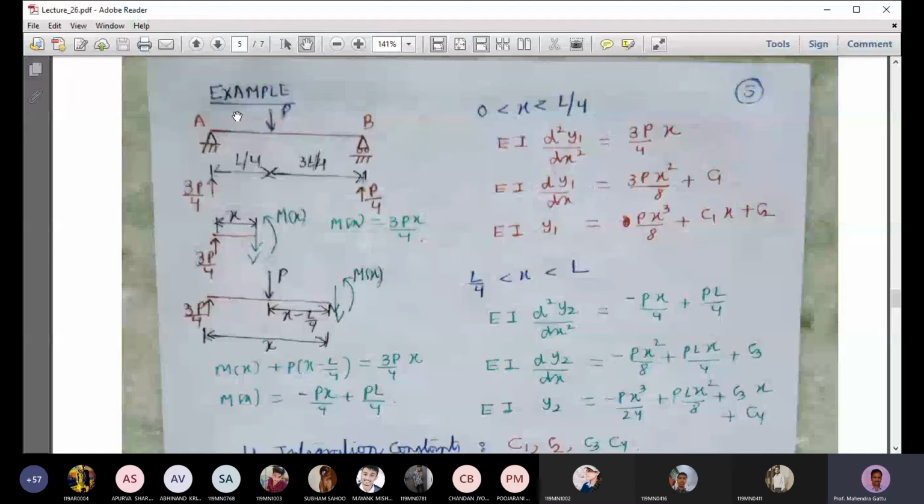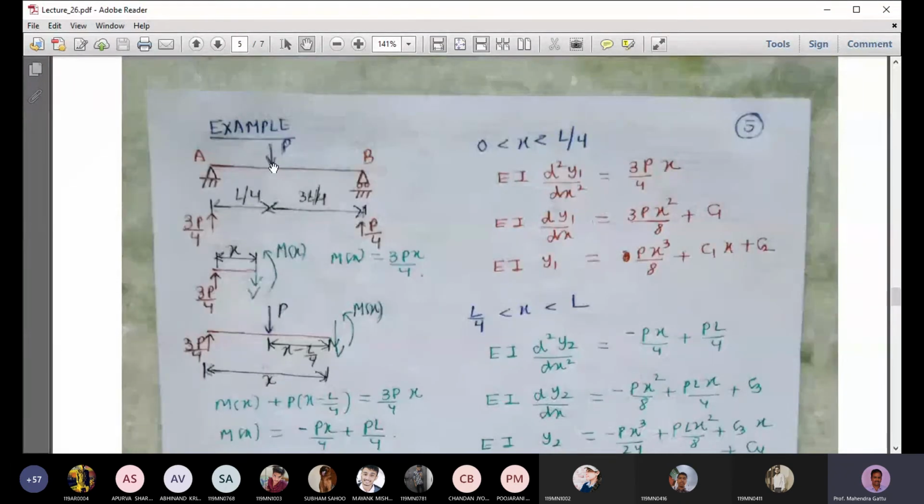If you solve, EI d^2y1 by dx^2 is m1 of x. So we have one deflected shape here, and the second deflected shape is y2 of x between the other two points. At that location, we know that the beam will not separate. It is continuous. So we have both the displacement continuity and the rotation continuity there. This is just the point of application of load P. So that is the point C.